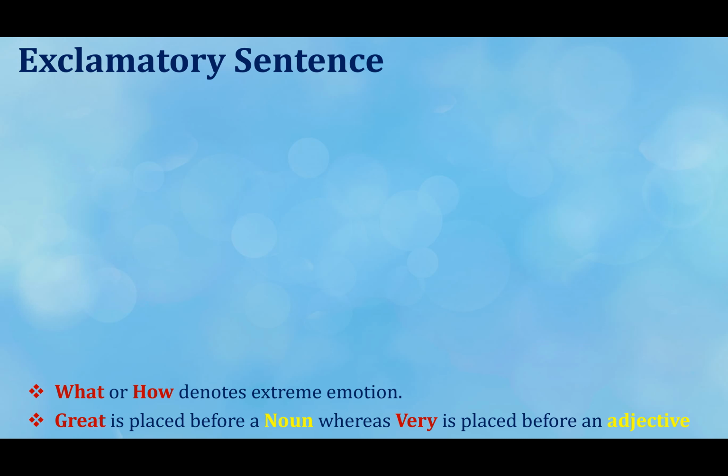Now you have to note one thing. Sometimes you may get what or how. The sentence will start with what and how. These words denote extreme emotion. So you have to use great or very whenever you get these words. Great is generally used before a noun, whereas very is used before an adjective. So remember this. He said, what a nice bird it is. So we will say it is an expression of joy, expression of surprise.